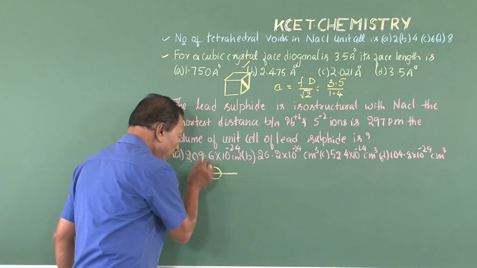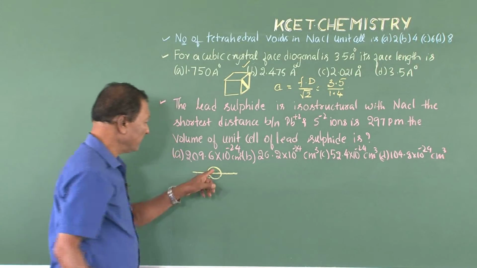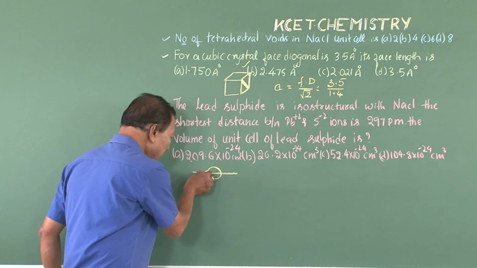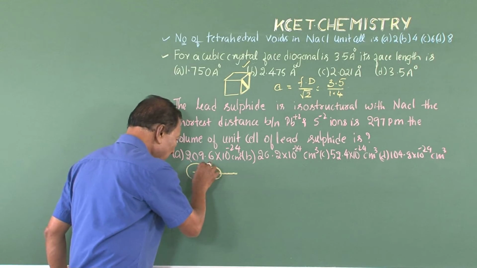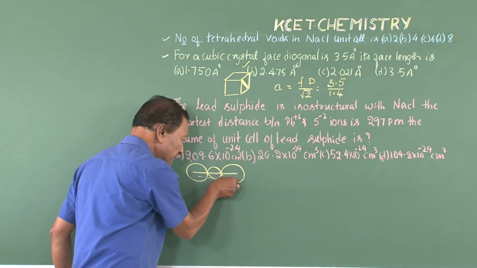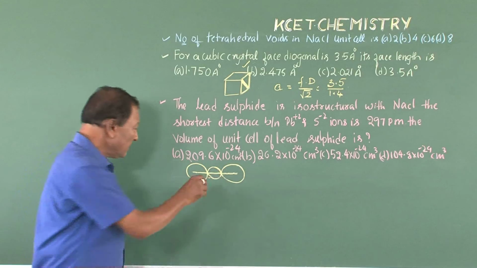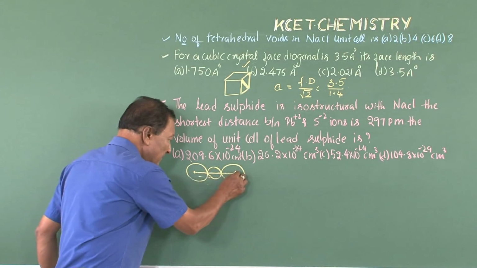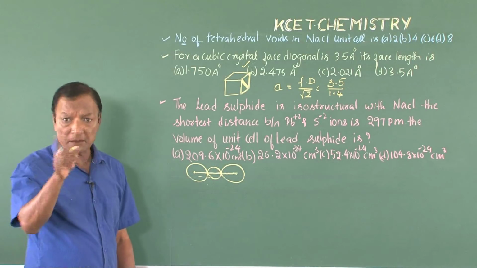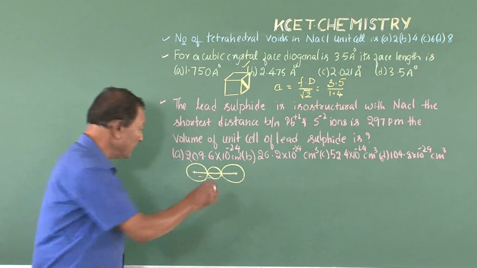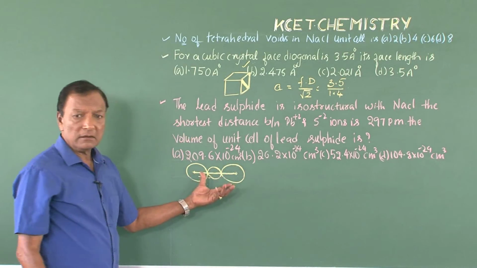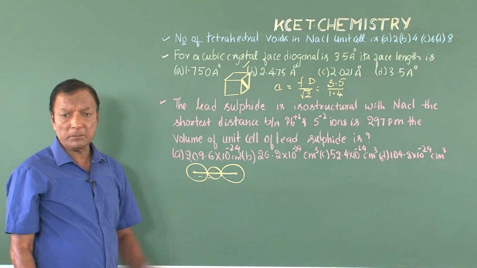At the center, we have the smaller positive ion Na+, on either side it will be the larger Cl-, and the center of these extreme spheres, Cl-, becomes an edge. So, if this is the edge for NaCl, the same will be the edge for PbS also.